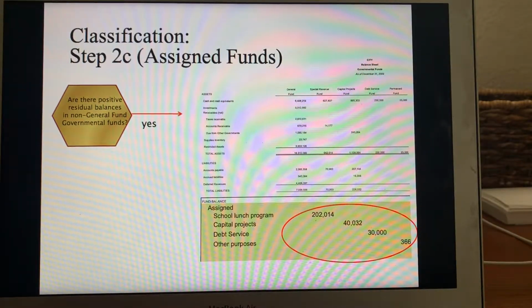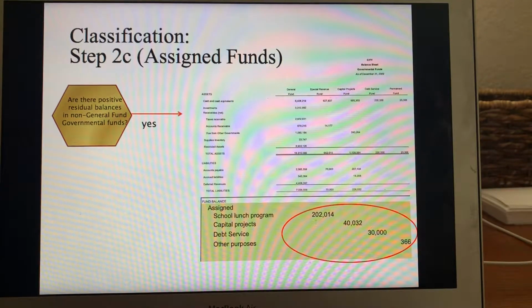So assigned funds: are there positive residual balances in non-general fund governmental funds? Yes, and this is in our receivables. School lunch program, $202,014. Capital projects, $40,032.